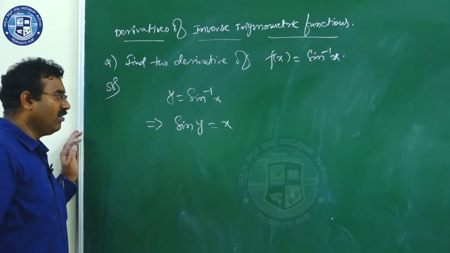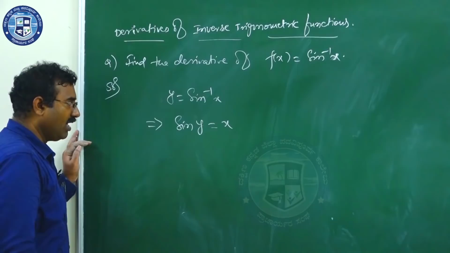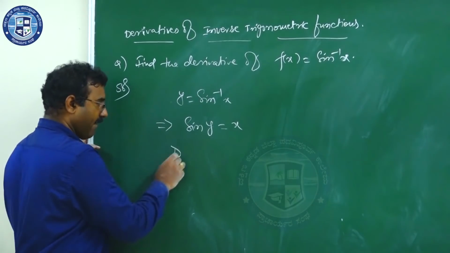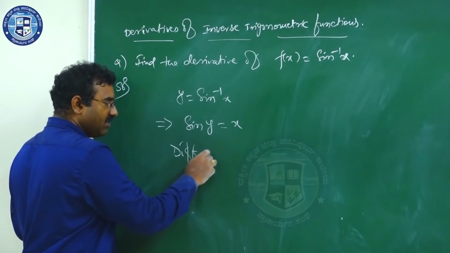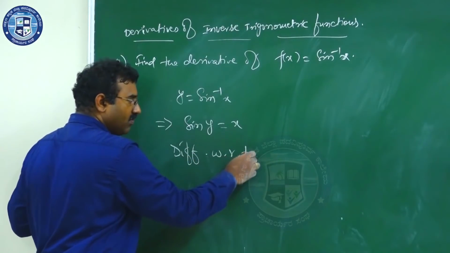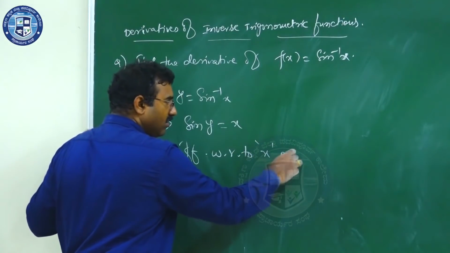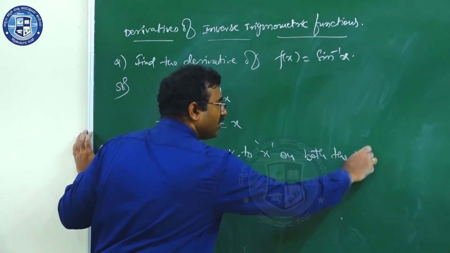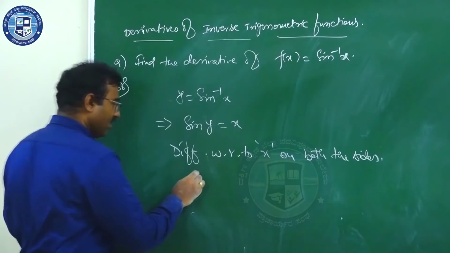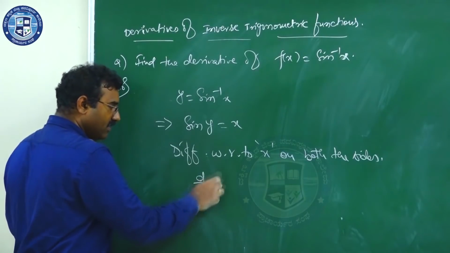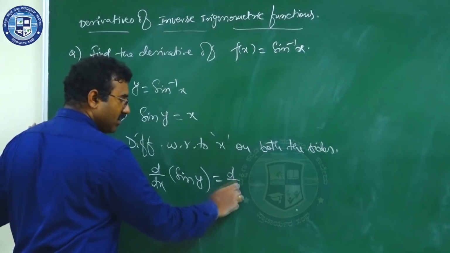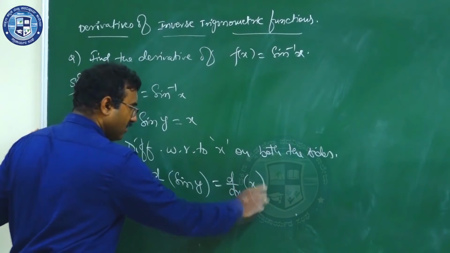Now I just differentiate with respect to x on both the sides. What happens then? D by dx of sine y is equal to d by dx of x.